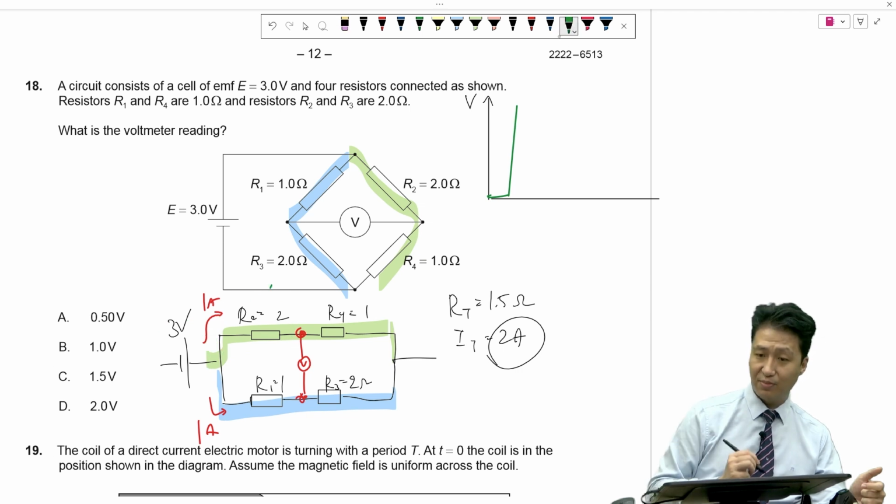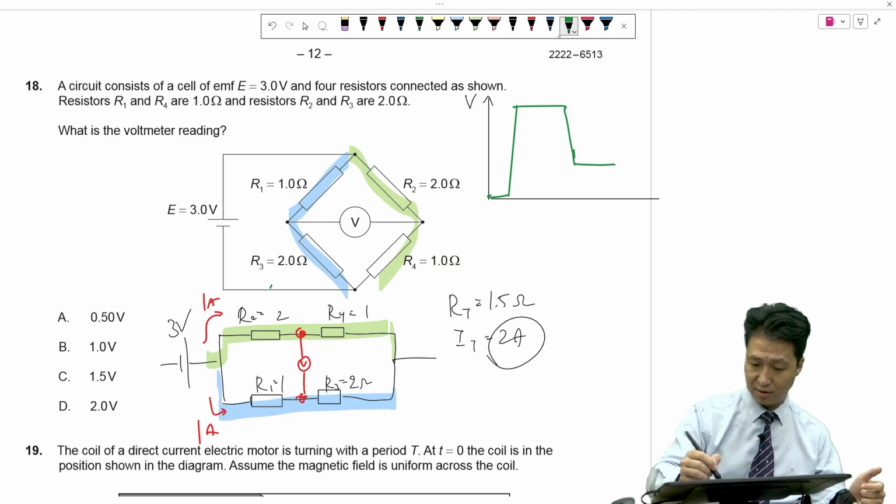I is 1 ampere, R is 2 ohms, so just 2 volts. So it goes 2 volts, 2/3 down, and then 1 volt drop in the second resistor. Let's put some numbers here. 0 volts at the beginning, 3 volts all the way up here. It drops 2 volts, so it goes down to 1 volt. And here, another drop of 1 volt, so it goes down to 0 again.